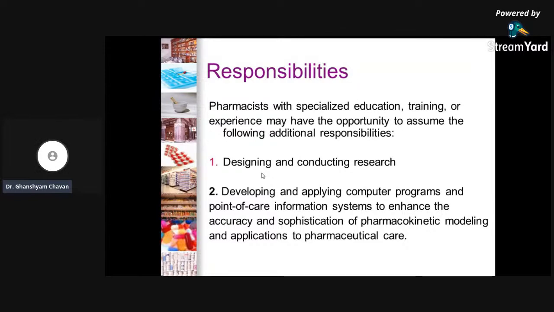We should use them to increase our accuracy and to do our work more sophisticatedly. Because in pharmacokinetic modeling, if you use computers, we will get more specific results, and we can compare our results with previous results, and that way we can enhance our work.